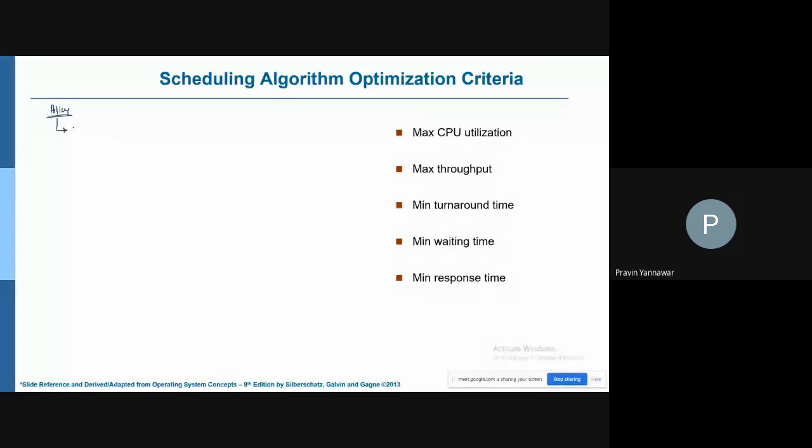First, we need to keep track of the status of the processor. Second important thing is to design a policy for allocation of processor. Third is allocation of processor, and fourth is deallocation of processor.